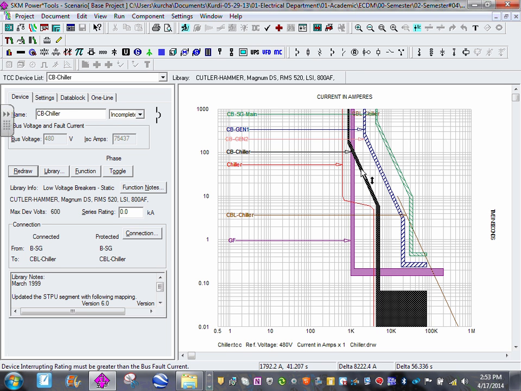The chiller is fed directly from the main switchgear, so you can see they're coordinated. My chiller is fully coordinated with the generator feed, whether it's fed from the generator or from the service, which is normally what it's fed from. And it has a VFD, so you can tweak it down here and make it safer. That's on the fully adjustable circuit breakers.